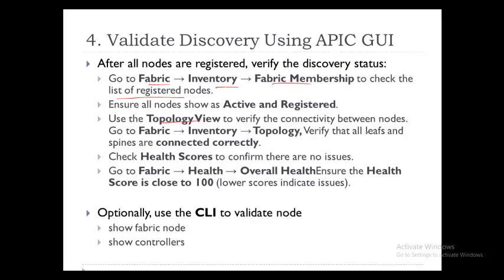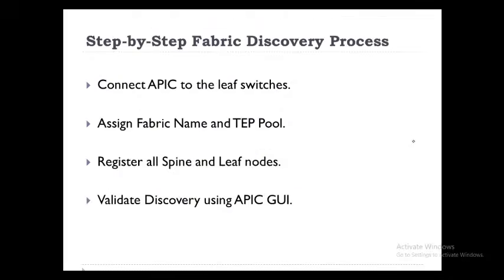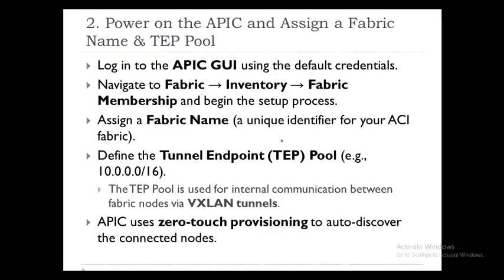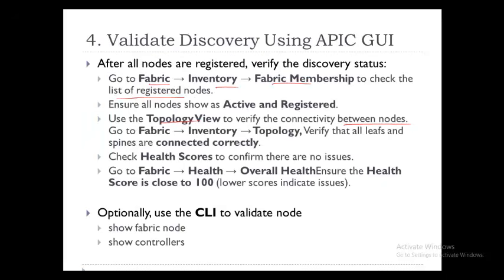If you want to see the topology view, you need to go to Fabric, Inventory, and Topology to verify all the leaves and spines and whether they are connected correctly. Now, if you want to see the health of each leaf and spine, click on health score to confirm that they are green and 100%.